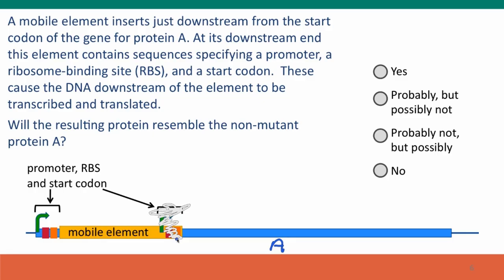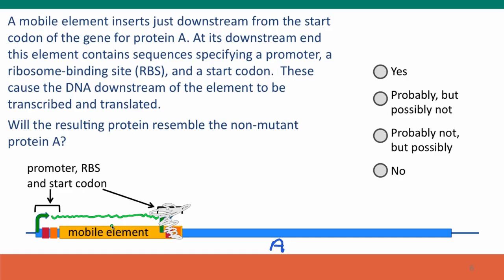Now that the mobile element has inserted into it, it works in effect as a frameshift. This is a sequence that wasn't selected to be transcribed and translated from these sequences. And so it will be transcribed into a messenger RNA from its original promoter.